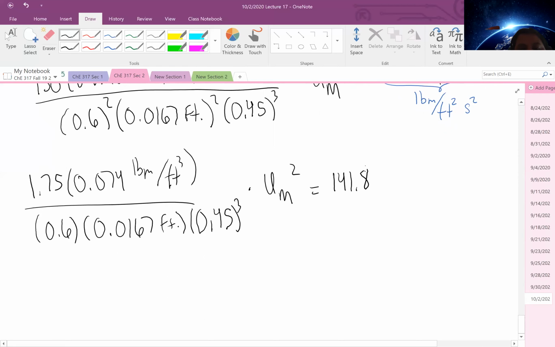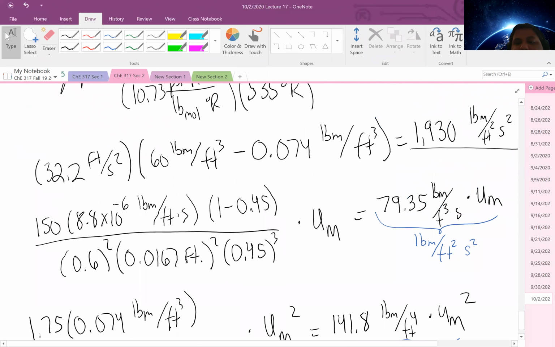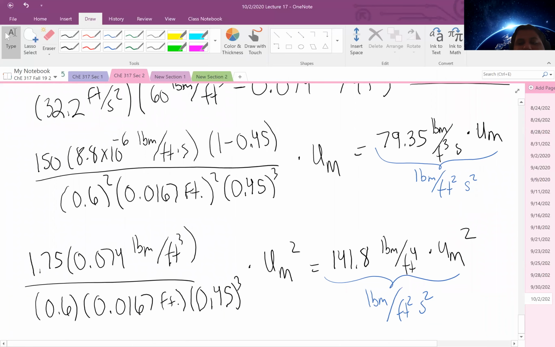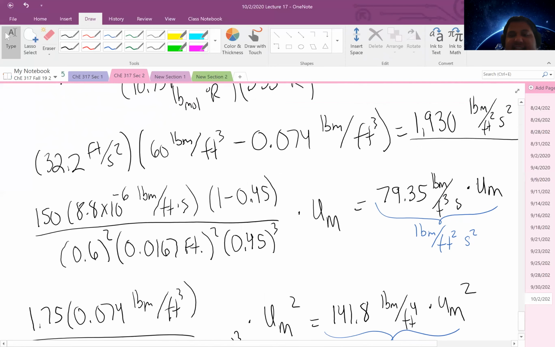Looking at our units once again, I end up with pound mass per feet to the fourth times u sub m squared, which if I look at these two combined, gives me units of pound mass per feet squared second squared. I'm doing this check because it's important to make sure that you're doing the calculations correctly, as well as keeping track of how well these numbers fit together. You can't put it together if there's an error or mistake such that the units don't match up. And luckily they all do.